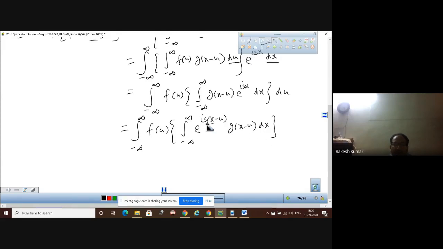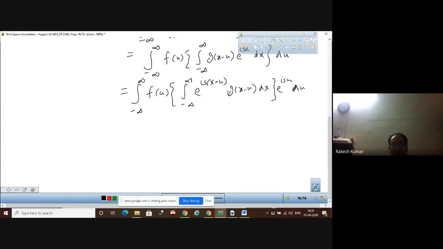Now what extra term have we taken? e raised to power minus iota s u. This is the extra term which we have adjusted over here. So you have to adjust the same term here so that its effect can be utilized. So the terms have been adjusted over here.